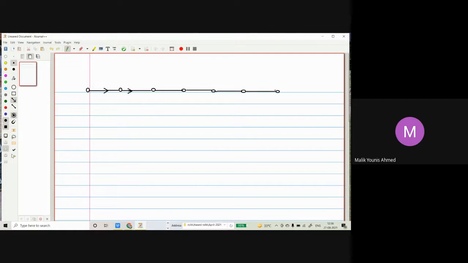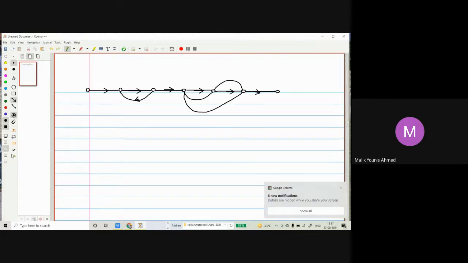Okay, so this is the graph we have. From input node to output node, we'll be having... Okay, this is what we have.